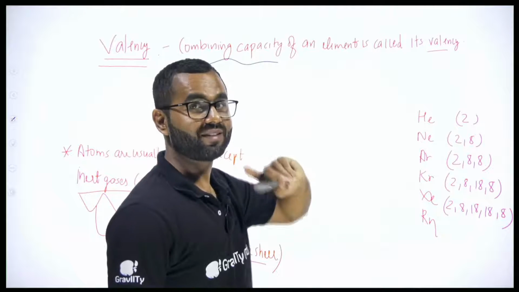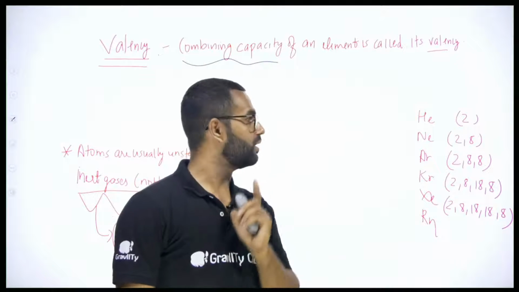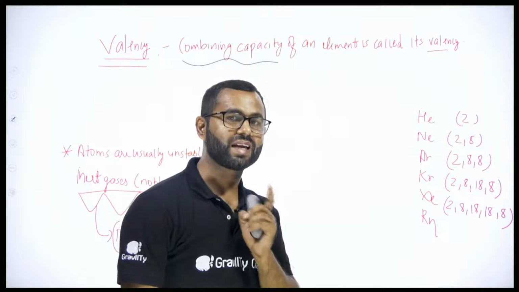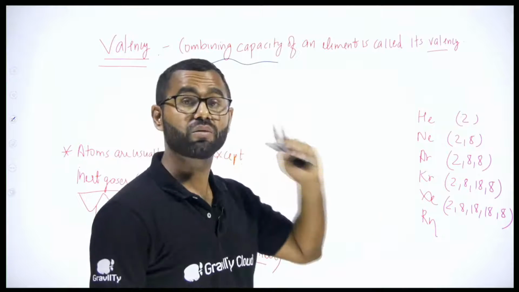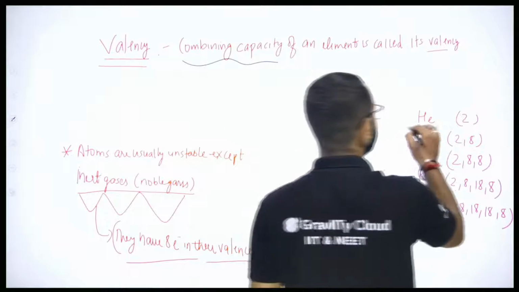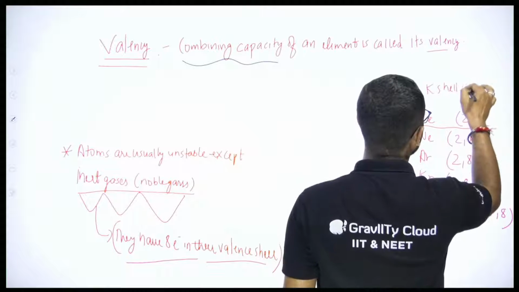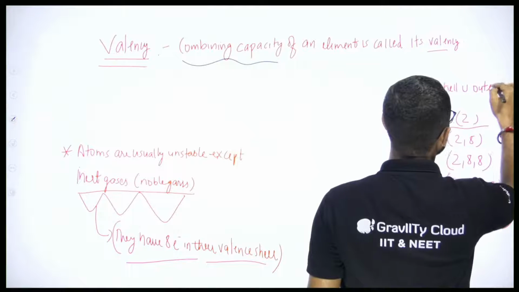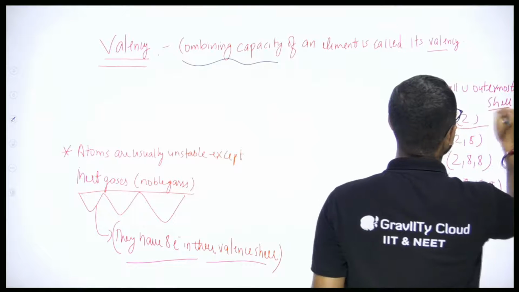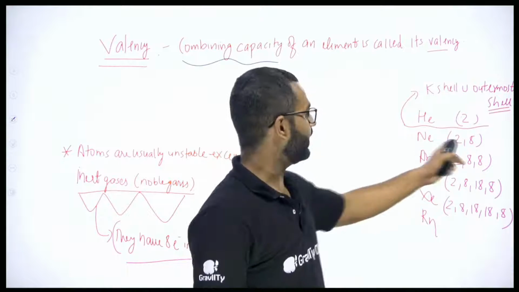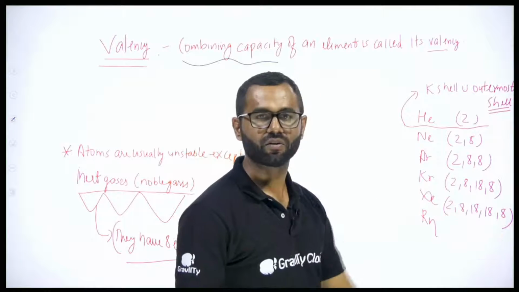Helium has 2 electrons, an exception, but its K shell is totally filled. And in the case of helium, the K shell is the outermost shell. In the case of neon, you see 8 electrons, argon 8 electrons, krypton 8 electrons, xenon 8 electrons.